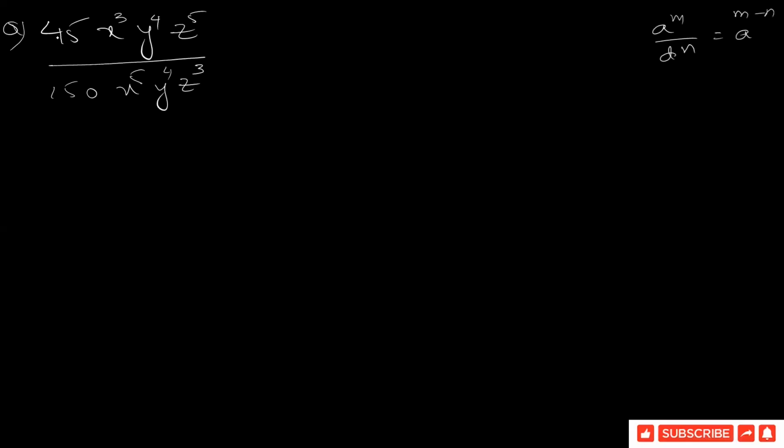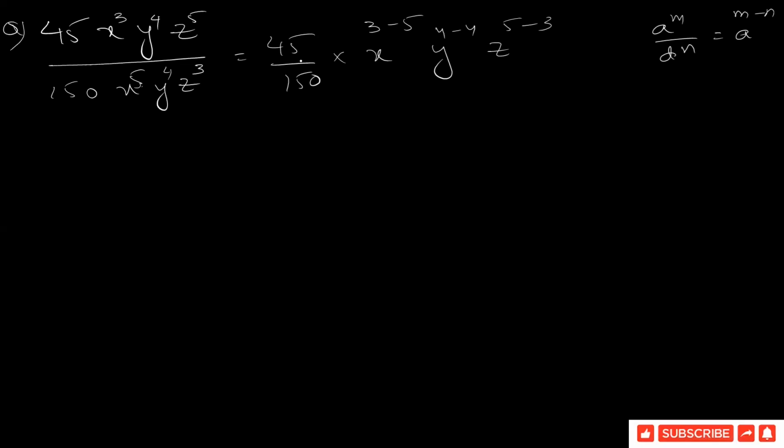So here 45 over 150 times x power 3 minus 5, y power 4 minus 4, and z power 5 minus 3. As you can see here, x power 5 was down, it went to the upper side, and x power 3 minus 5. So y power 4 minus 4, z power 5 minus 3.